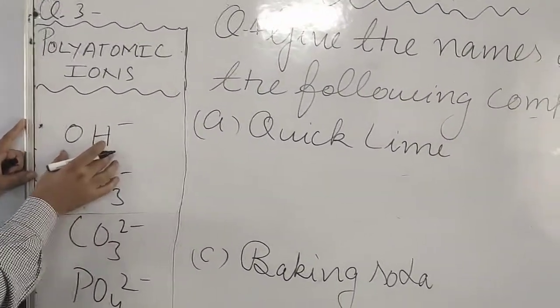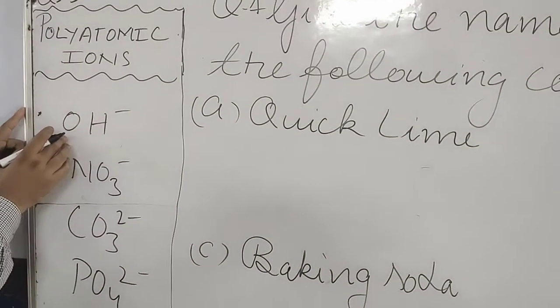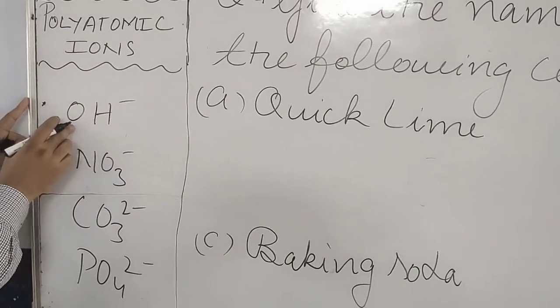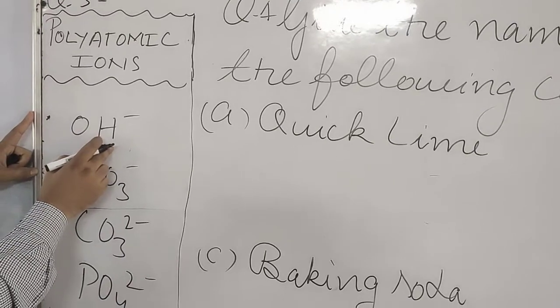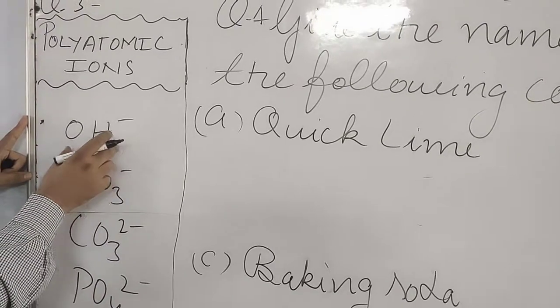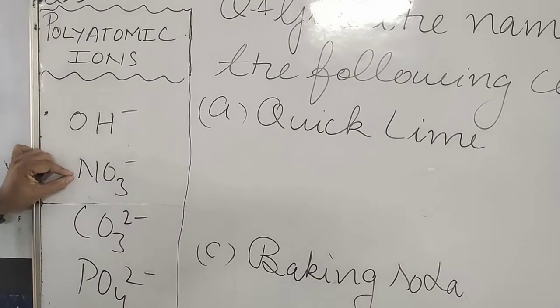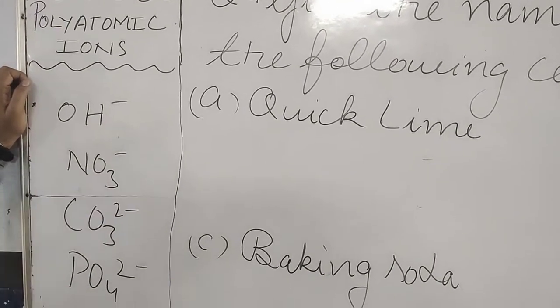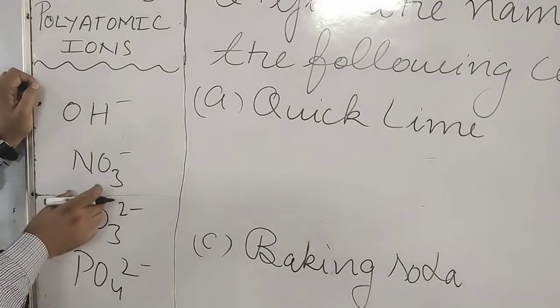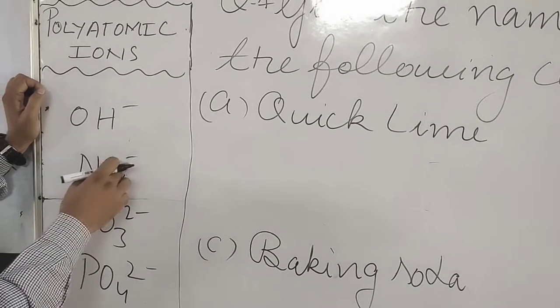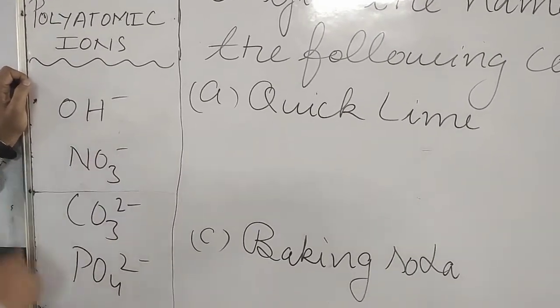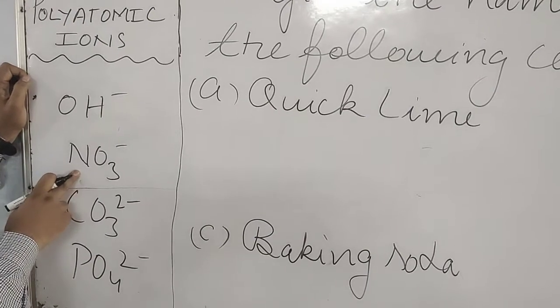This is the hydroxide ion, and this hydroxide ion contains an oxygen atom and a hydrogen atom, and it is negative in nature. Like this, it is the nitrate ion NO3. It is also an anion and it contains nitrogen and oxygen.